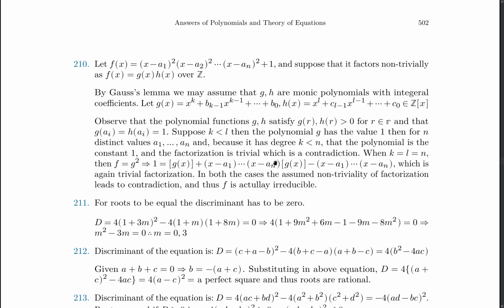So which is again a trivial factorization. In both cases, the assumed non-triviality of factorization leads to a contradiction. So basically what we are saying is that we cannot reduce the given function. So the assumption itself becomes a fact that f is irreducible.